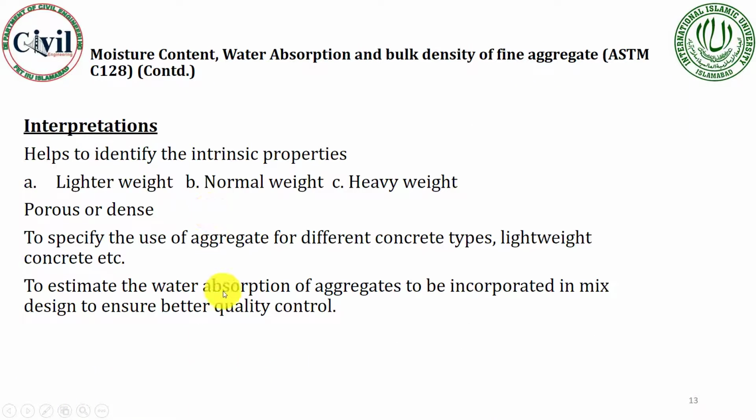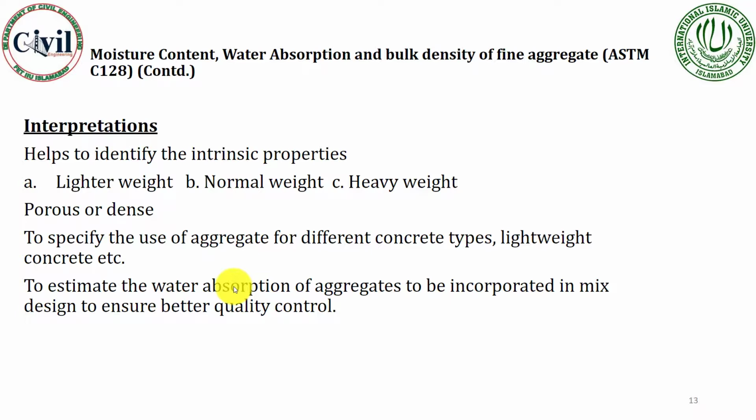By calculating the bulk density, specific gravity, and water absorption, you'll have an idea about your aggregate. Either your aggregates are normal weight or heavy weight, or you will get an idea about the water absorption of a fine aggregate, so that you do not incorporate excess water.